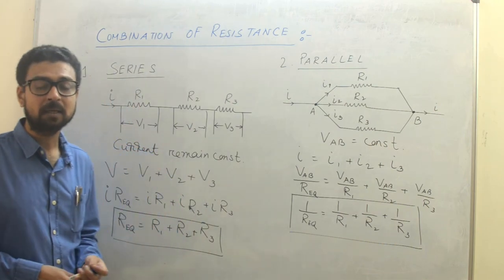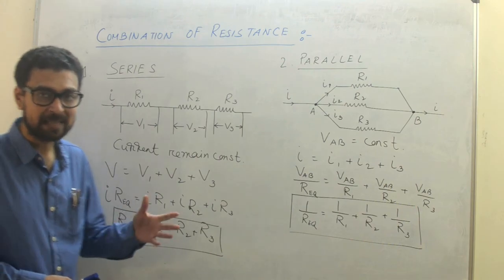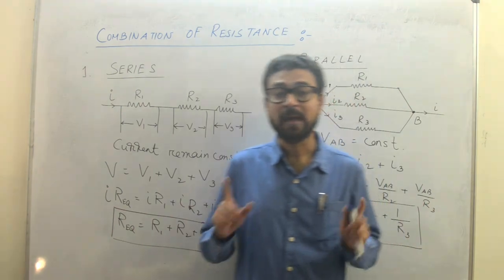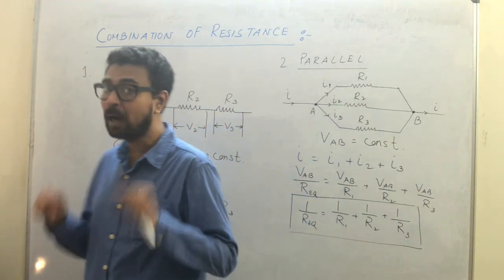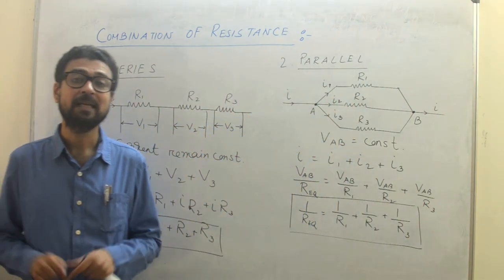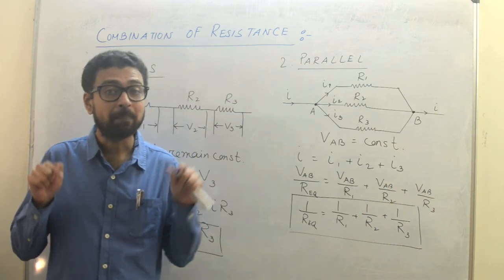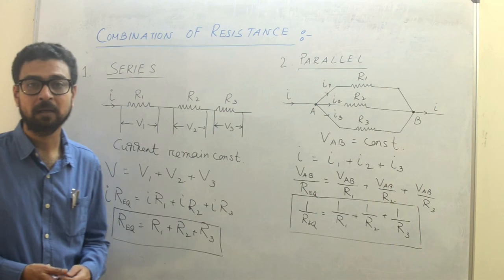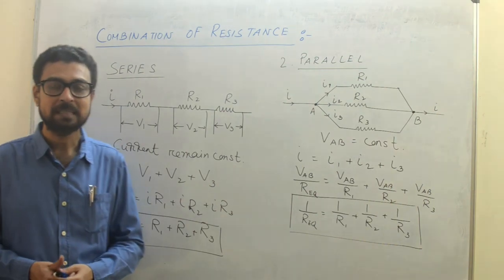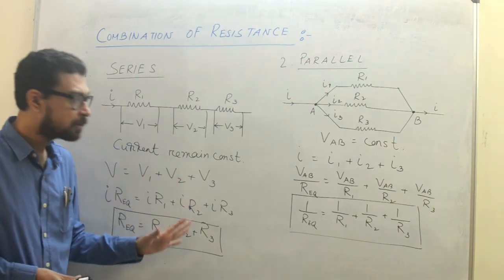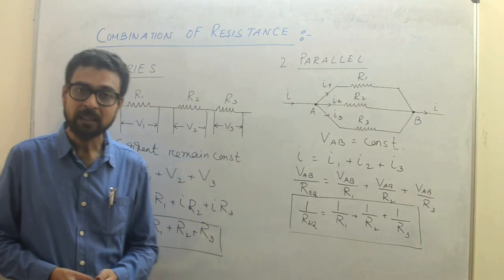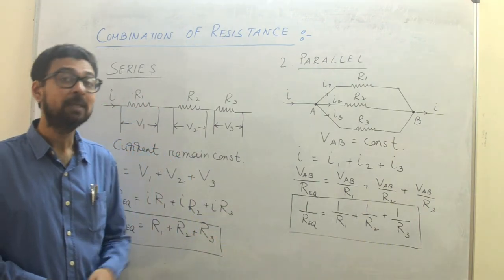In our country it is 220 volt 50 hertz AC, but even in AC the potential will remain constant in parallel combination, and in household circuits we always connect everything in parallel combination. Series combination also has a lot of things. We'll come to know about all this later on. Right now, this is all. The series combination and parallel combination are done here, and now we'll move into the next topic.